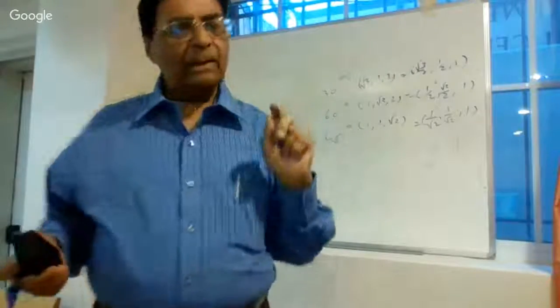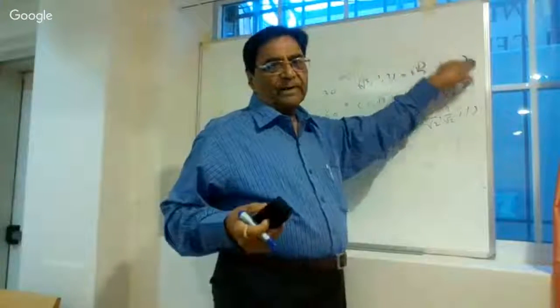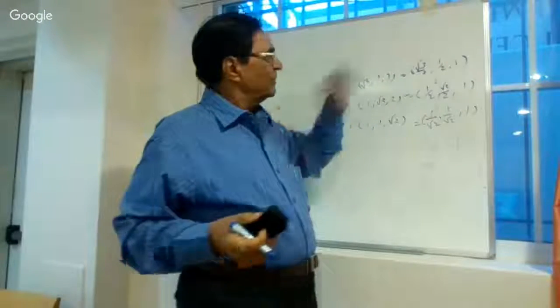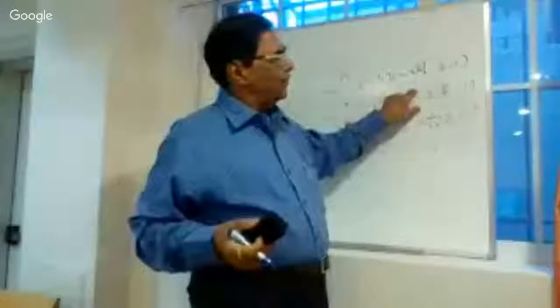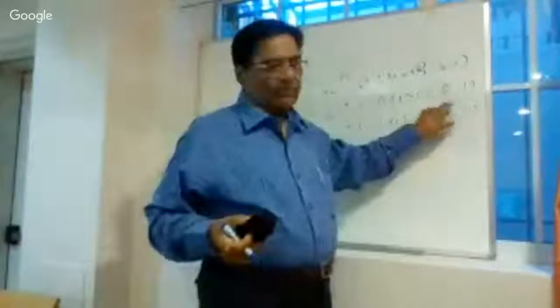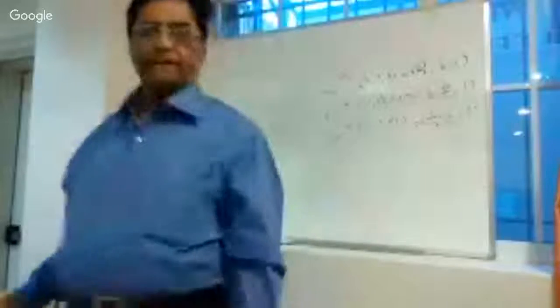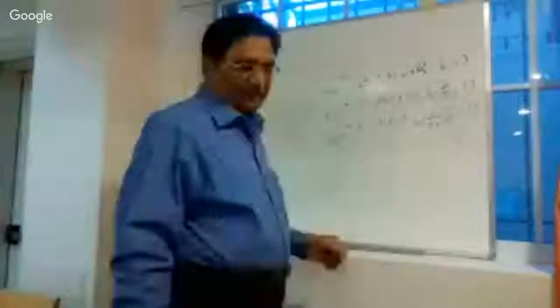Remember the one you taught us half an hour back? Can you confirm this with that? 1 upon 4, 3 upon 4, 1. 1 upon 2 plus 1 upon 2 is 1. Okay.